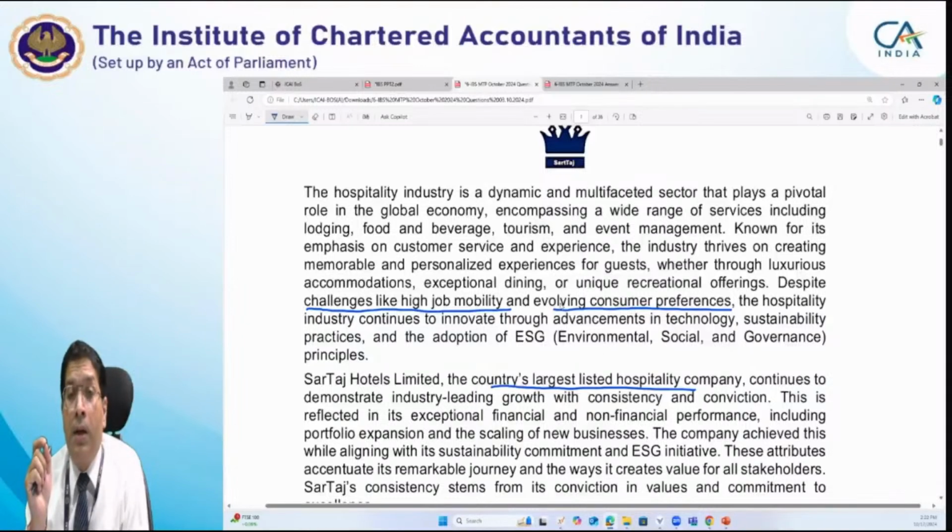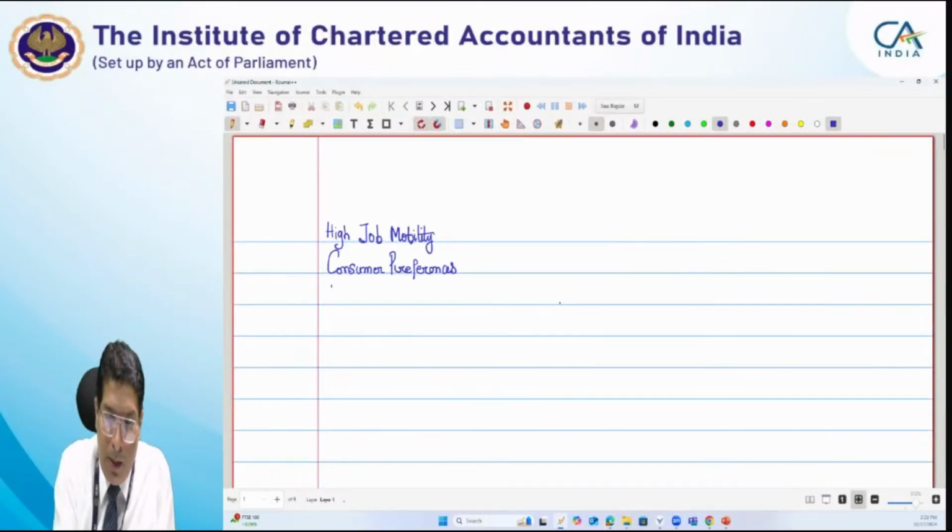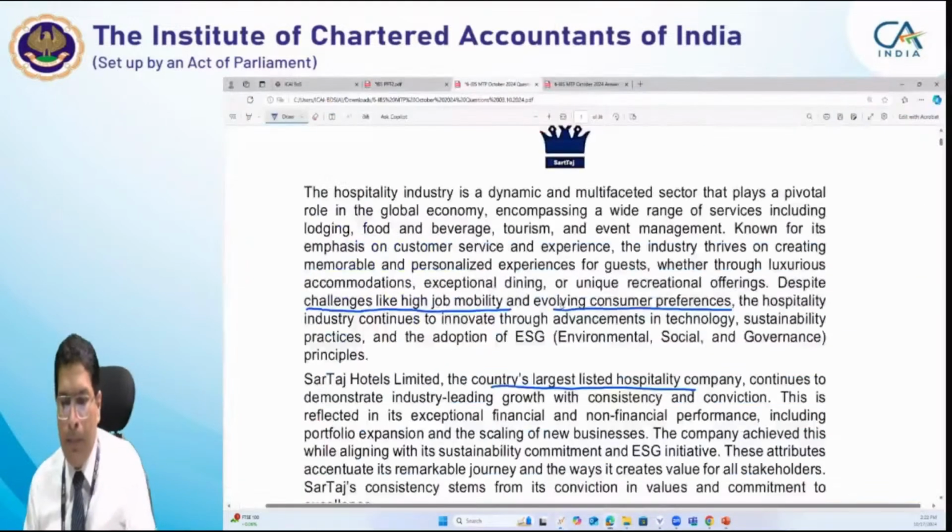This is country's largest listed hospitality company. It is a listed company.